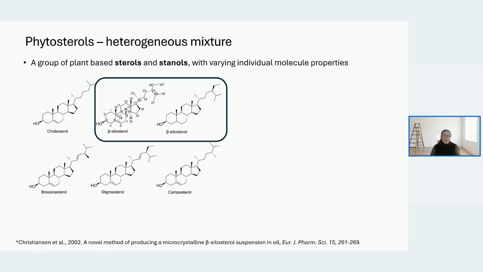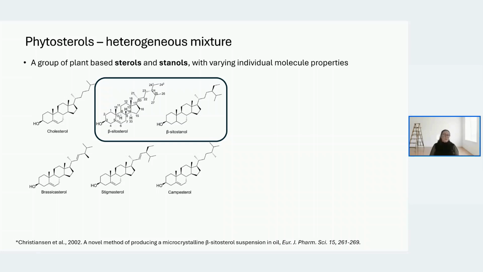If we start the production from a softwood-based tall oil material, then beta-sitosterol is basically the main sterol we have in the material. But if we use vegetable oil-based feedstocks for the phytosterol production, then stanols are the major sterols or stanols in the system.